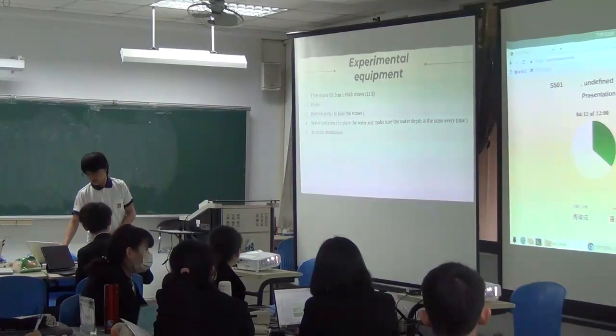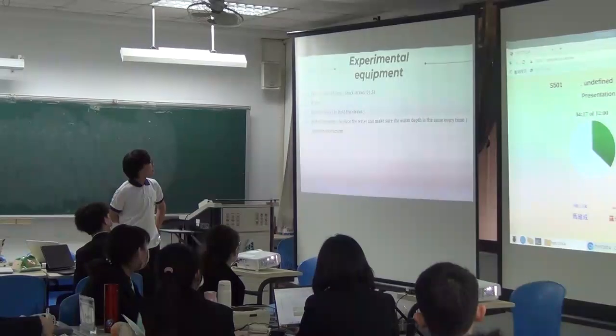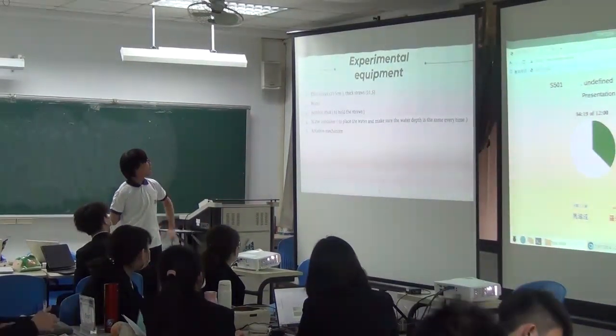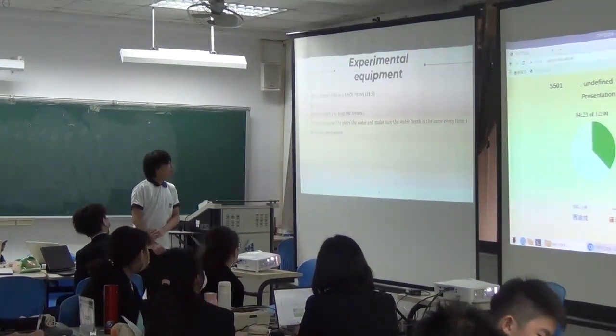For experimental equipment, we have the straw, water, pump stick, water container and rotation mechanism.